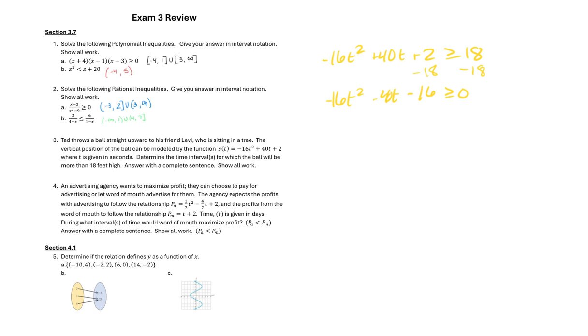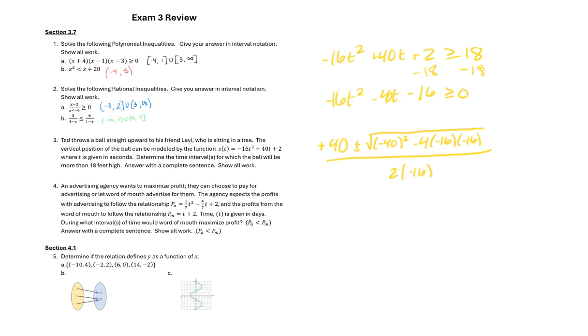So the quadratic equation is going to be negative 40, so positive 40, plus or minus the square root of negative 40 squared minus 4 times negative 16 times positive 16, all over 2 times negative 16.